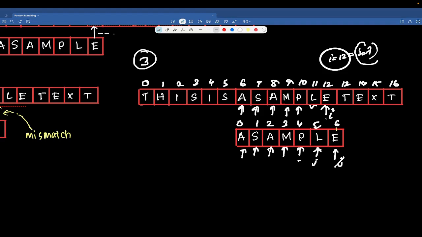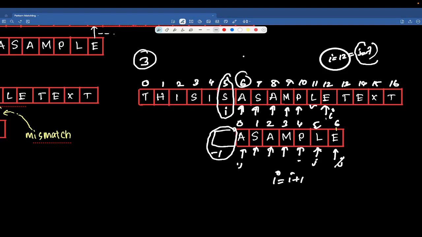But beyond that, if I decrement I, it will point to S, the fifth place, and j will point to -1. So at this point, the algorithm will terminate. Now, if I take the value of I equal to I plus 1, that is 6.